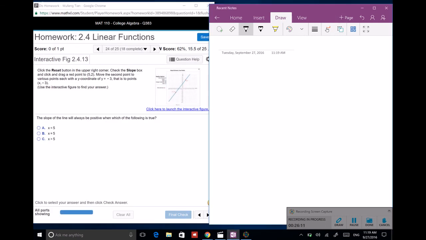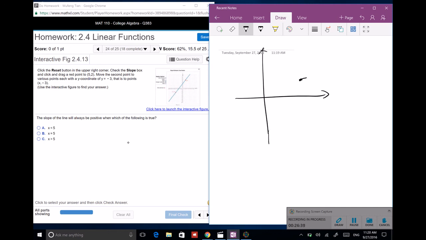Okay, if we do this one, even when I don't see the picture, I can still do it. Move the second point to y coordinate y equals negative 3. So that is negative 3. Basically, it means (5, 2) is here, and you move the second point to various points, each with y coordinate y equals negative 3.